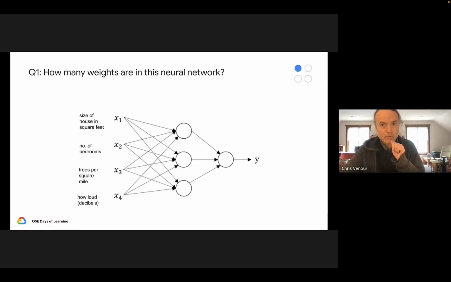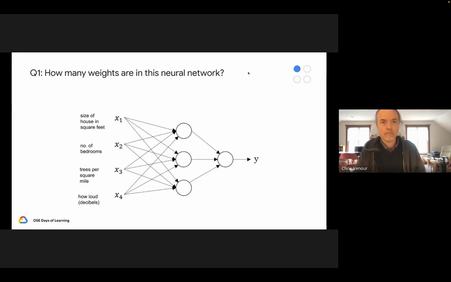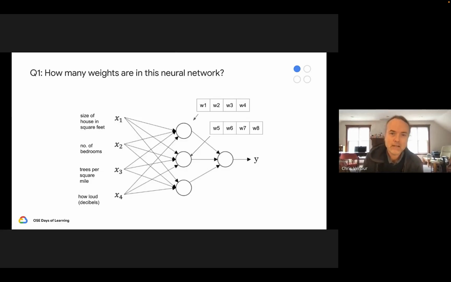Okay, I will put you out of your misery because I know everybody's really keen to know. So Dave and I think it was Pamela got it right. It's 15 because each of the nodes has a unique set of weights. So the first node has 4 weights. That node also has 4 weights, and those weights are different than the first node's weights.